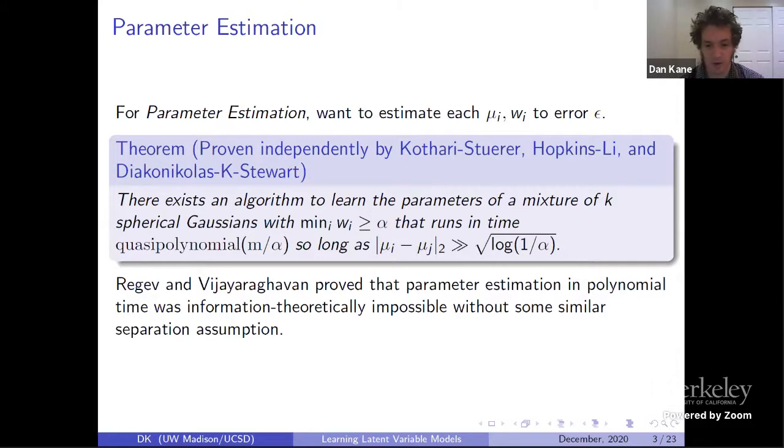Wait, what does it mean, information theoretically impossible in polynomial time? So in polynomial numbers of samples. Okay, that's what you mean. Yeah, so in polynomial numbers of samples, it's information theoretically impossible. And so parameter estimation is doable in quasi-polynomial time, but only if you make some kind of separation assumption along these lines.